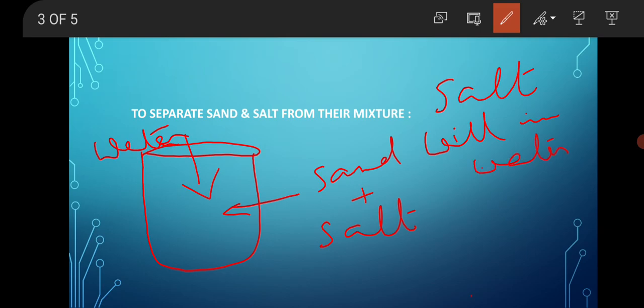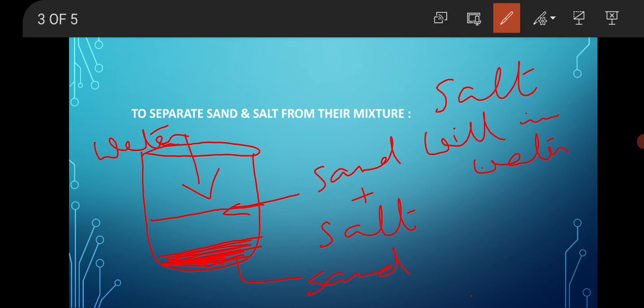Clear? And if we leave the beaker aside for some time, what we will see here is that the sand settles at the bottom of the beaker. So this is the sand.